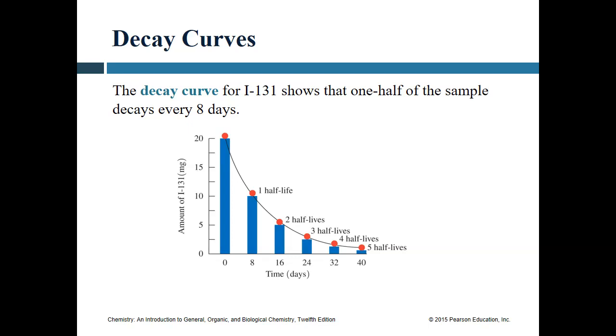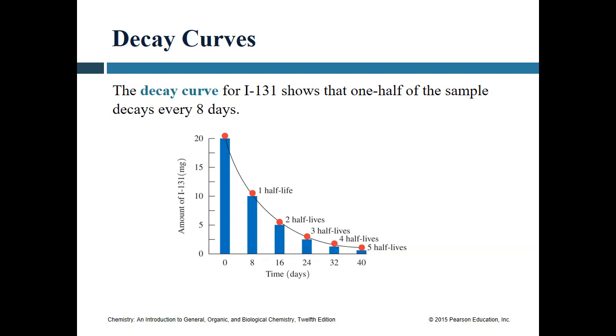So the graph here shows that the half-life for the iodine 131 is about 8 days. So in the first 8 days, 10 milligrams of that sample decayed. In the second 8 days, 5 milligrams decayed. In the third, 2.5 milligrams. In the fourth, 1.25 milligrams.